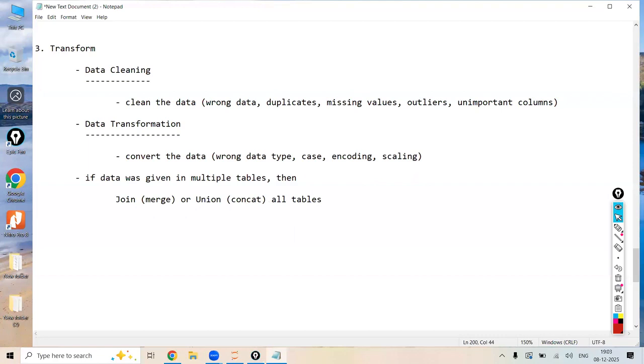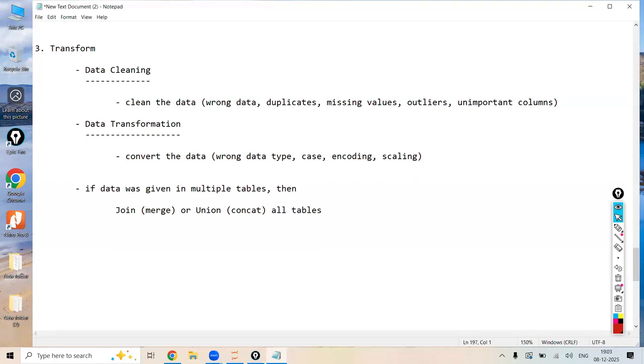When you have a single table, it is not required. So here you can write clearly: case conversion, encoding, scaling. All this comes under transformations.